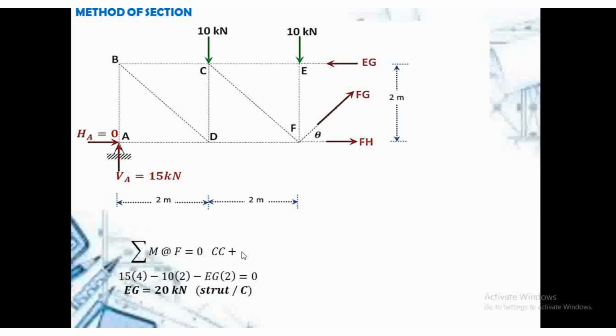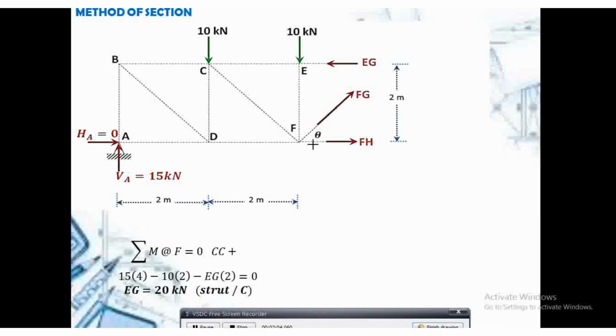I'm going to take a moment at F. Bakit ako magmo-moment kay F? Now, pag magmo-moment ako kay F, magzi-zero si FG at saka si FH. Ang unknown ko na lang si EG. So, kapag nag-moment si VA kay F, that is clockwise. So, that's 15. The distance of VA hanggang kay F is 4.